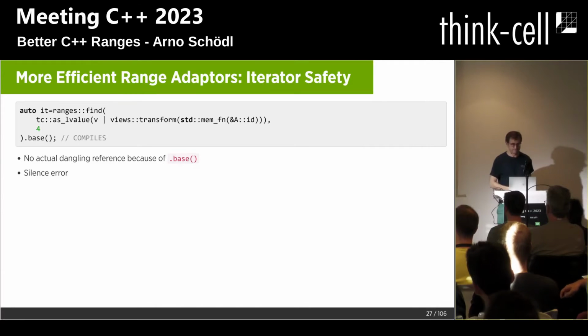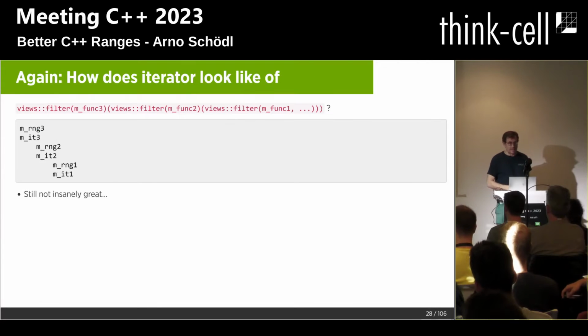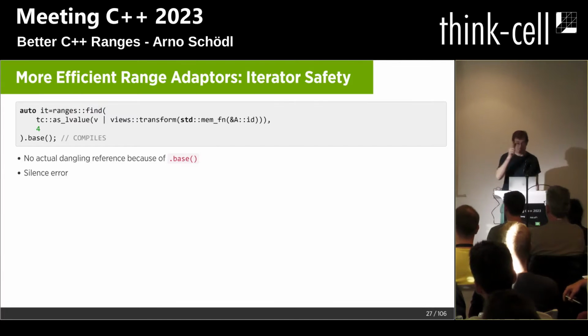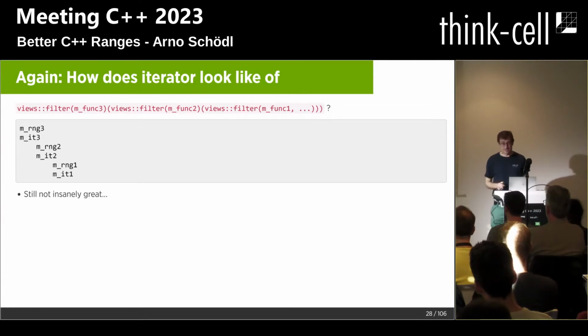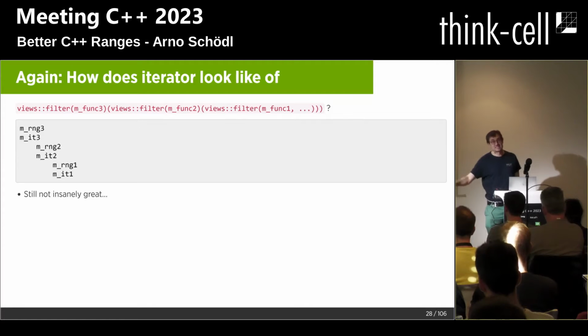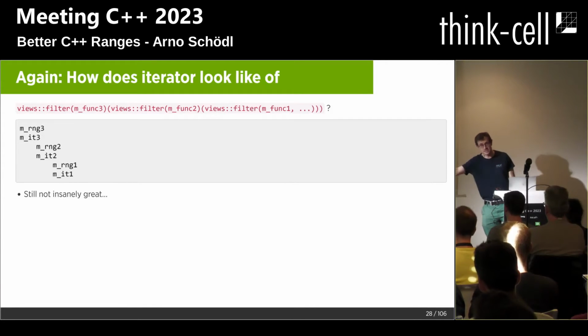It silences the error. Now, let's do the same exercise that we did before with the wrapping of filter, filter, filter, filter. This is what you get. It's still linear. You have a back pointer to the range and the iterator, but the base iterator still has to hold a back pointer to the range, and an iterator, and so on and so on.